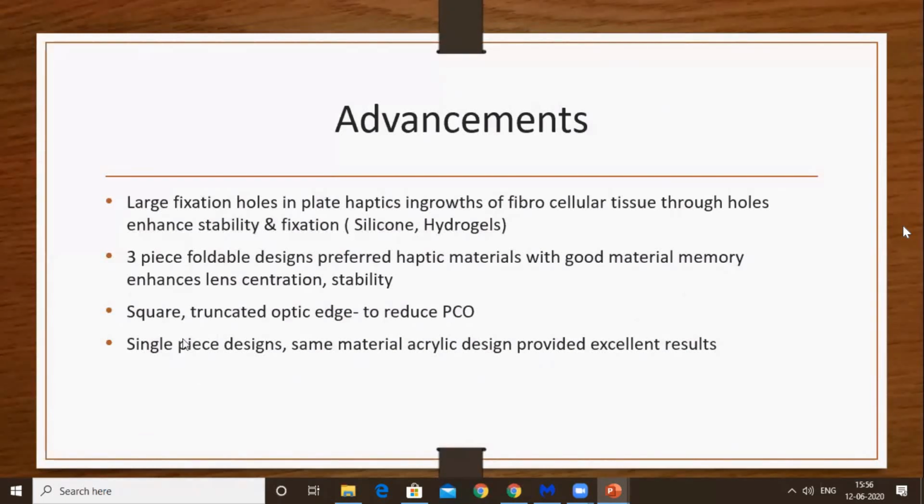The square edge, which is at the optic-haptic junction, reduces the migration of epithelial cells and so reduces the PCO rate. But nowadays many of the lenses come in single-piece designs, where the optic and the haptic are of the same material.